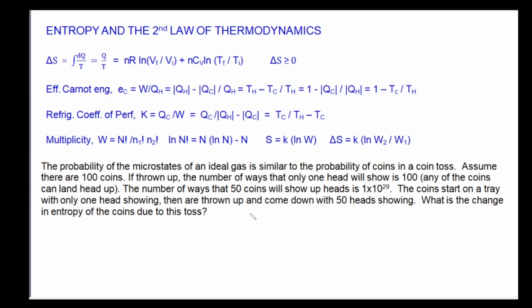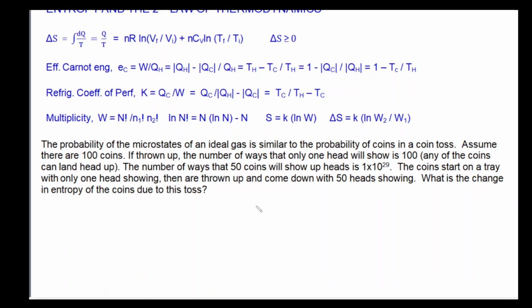So we're going from a state where we have one coin heads up to a state where we have 50 coins heads up. So our change in entropy is equal to K times the log W2 over W1.